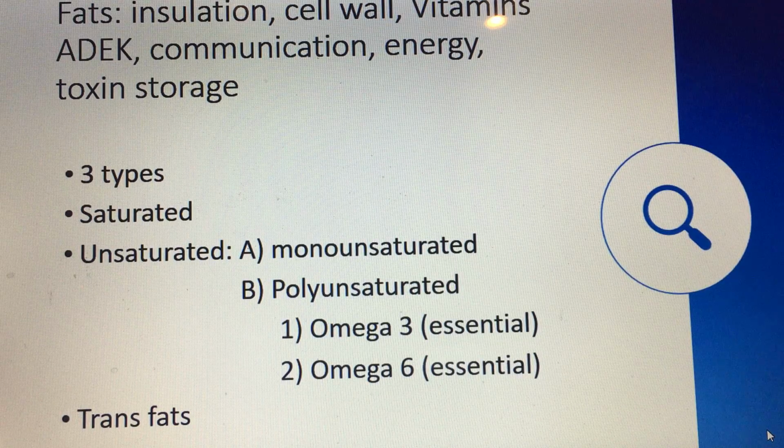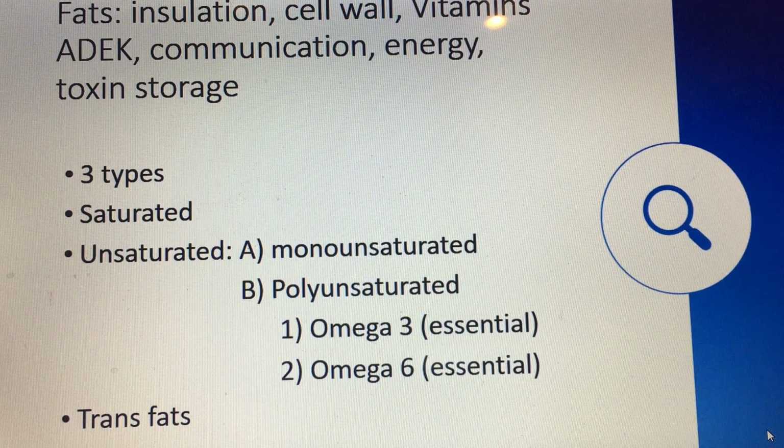Fats help to absorb vitamins A, D, E, and K, because A, D, E, and K are fat-soluble vitamins, and fats help with communication, as I said, and energy. They give us energy, and when you have toxins, that's where they're stored. If your body can't eliminate them, then it'll store them inside the fat cell.